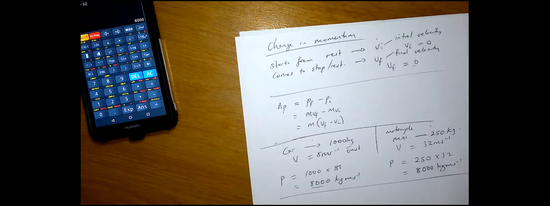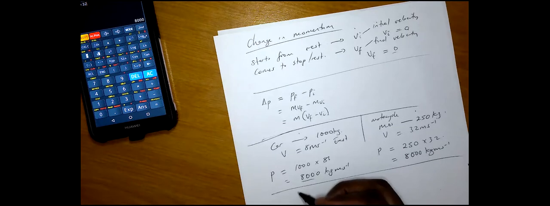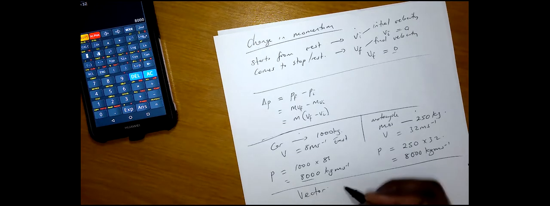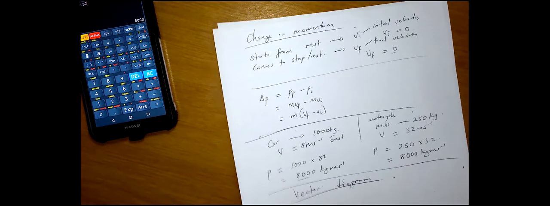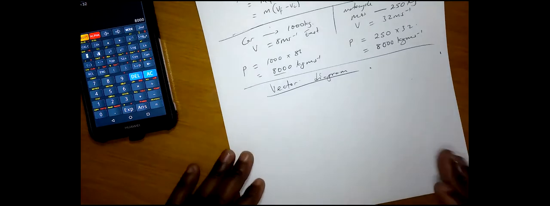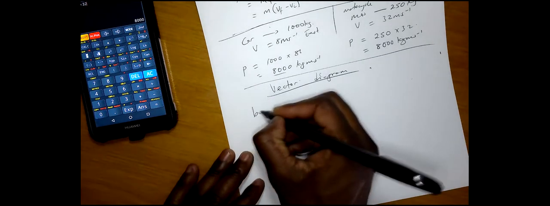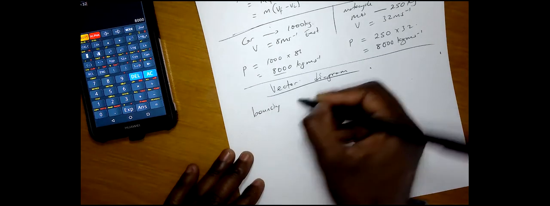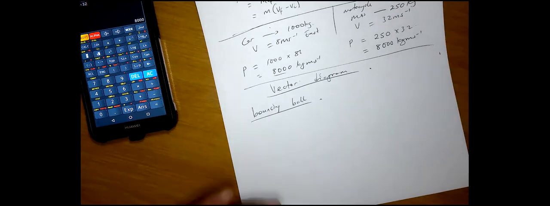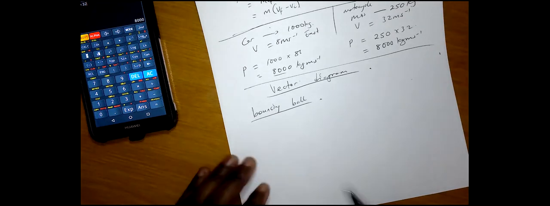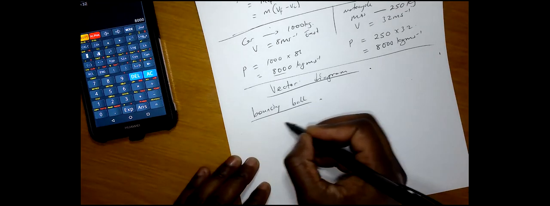Okay, so let's check the vector representation, the vector diagrams of momentum. Here, let's have an example of a bouncing ball. We want to see the change in momentum in terms of vector representation.